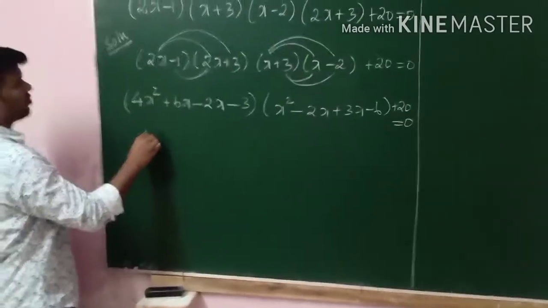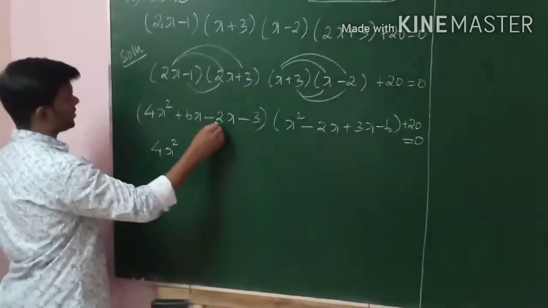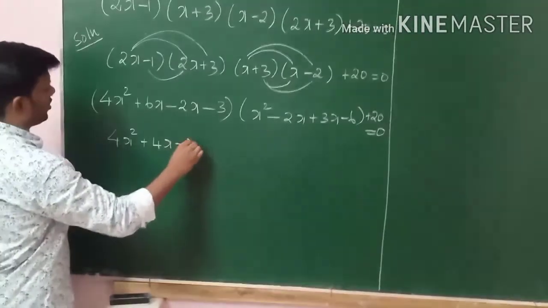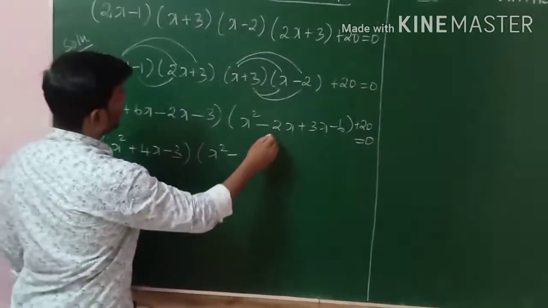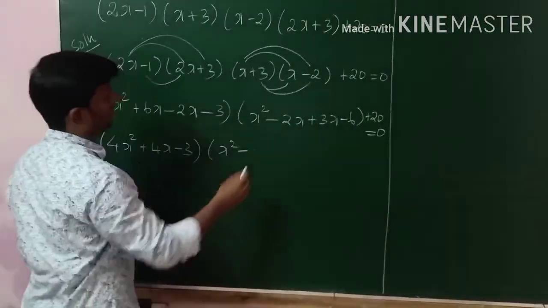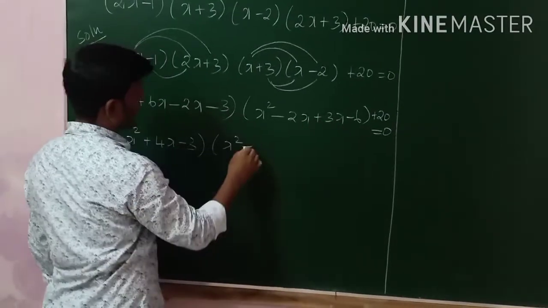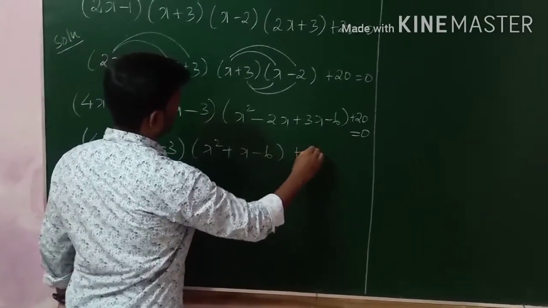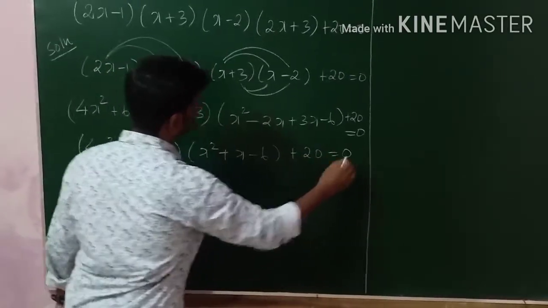So 4x square, 6x minus 2x, it is 4x, minus 3, into x square, minus 2x plus 3x, it is plus x, minus 6 plus 20 equal to 0.